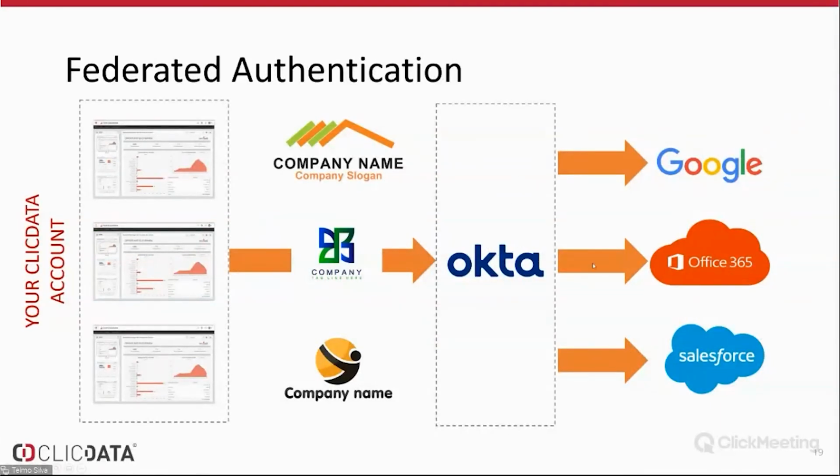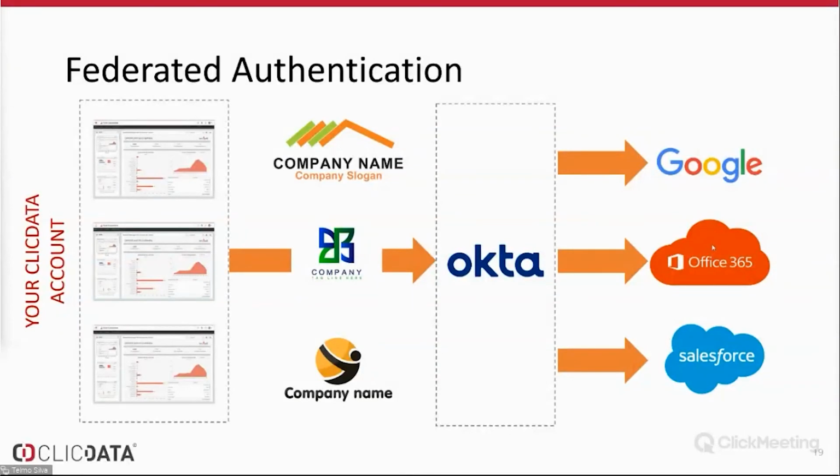You're going to use OKTA as a broker between ClicData and all these systems, and let OKTA figure out which one it needs to go to in order to validate whether this user is correct or not. Now, I'm not a security expert, but in OKTA there's an entire section on this.